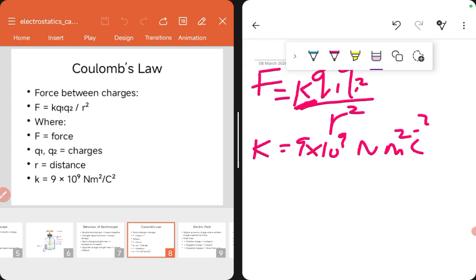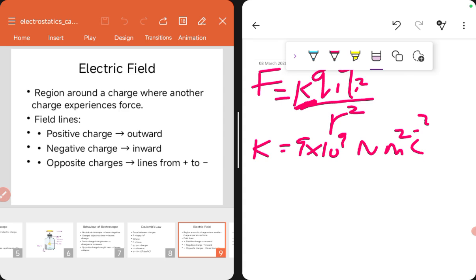Now the next thing is for us to know what an electric field is. An electric field is a region where an electric force is experienced by a charged body.